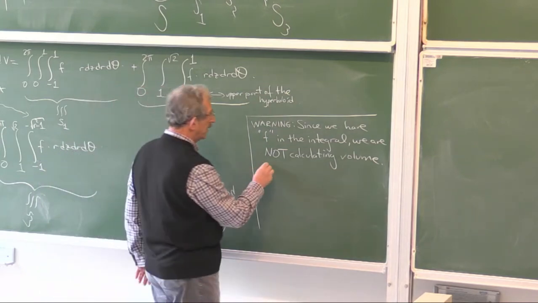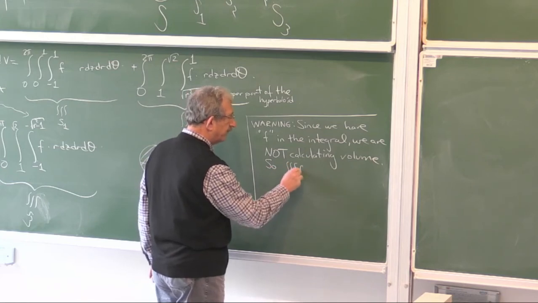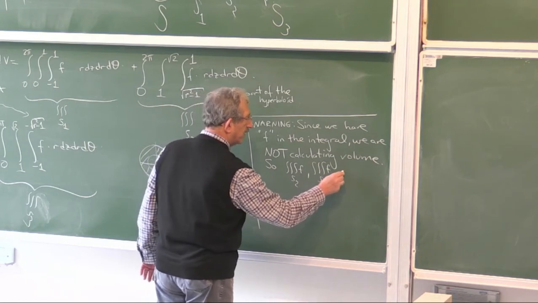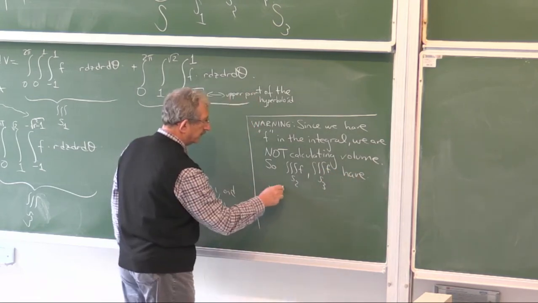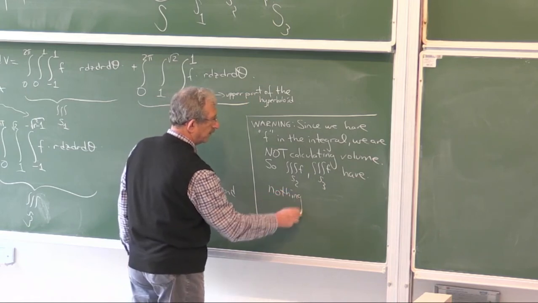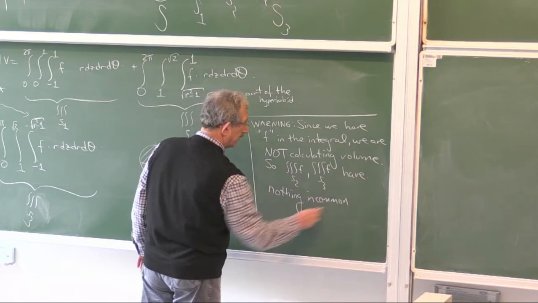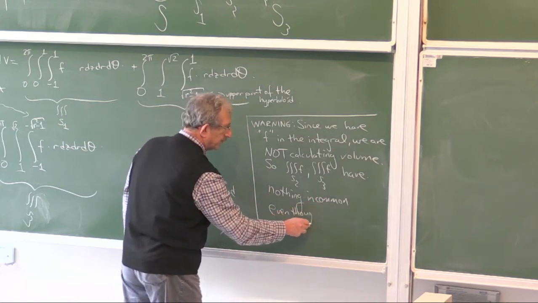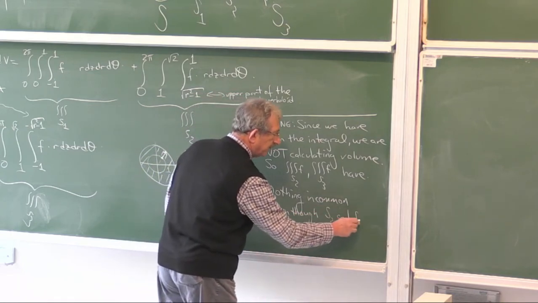So the triple integral over S2 of F and the triple integral over S3 of F have nothing in common, even though S2 and S3 are symmetric.